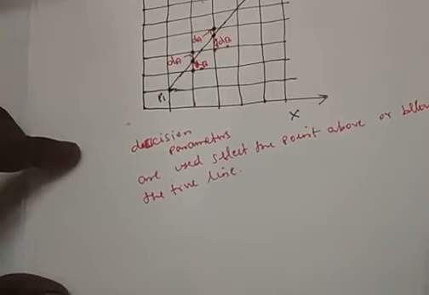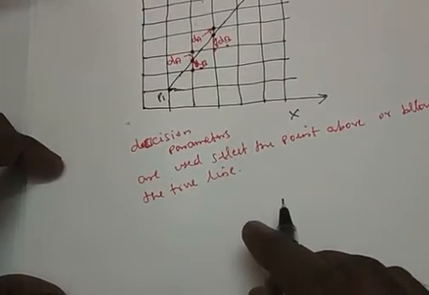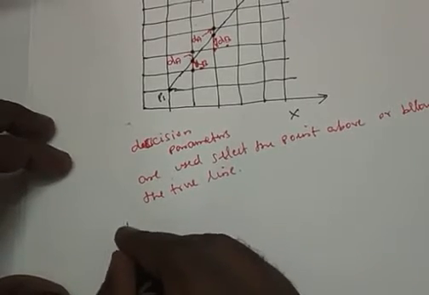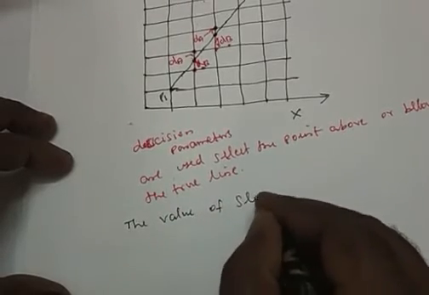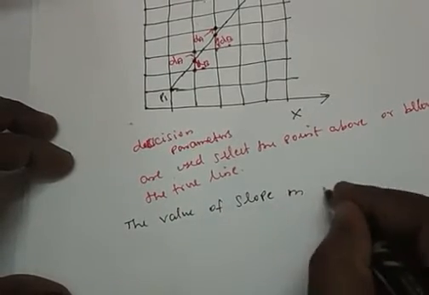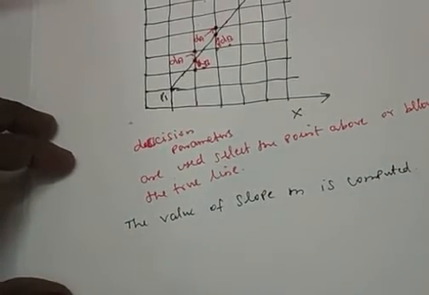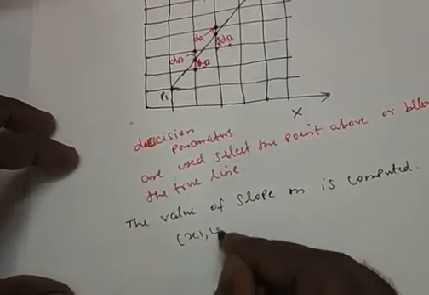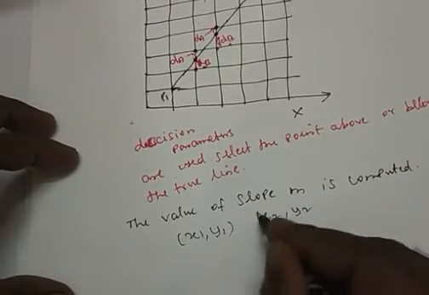As far as Bresenham's line drawing algorithm is concerned, it operates based on three cases. That is, it computes the value of the slope m. For drawing any line, you need two coordinates, that is x1, y1 and x2, y2.